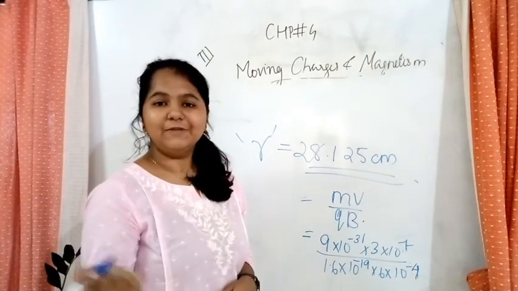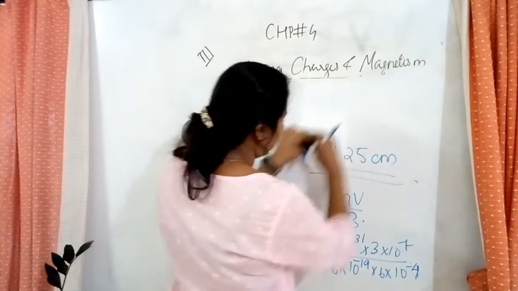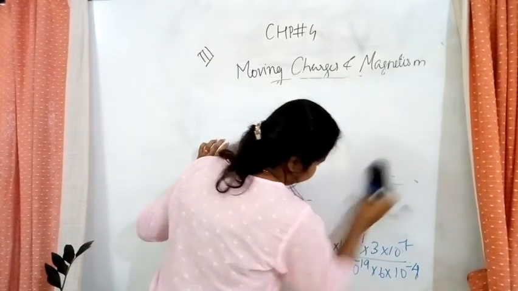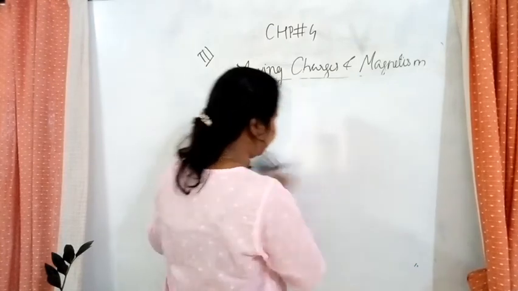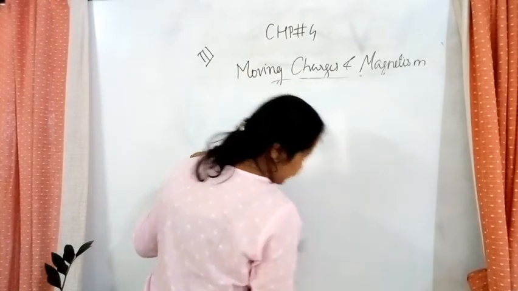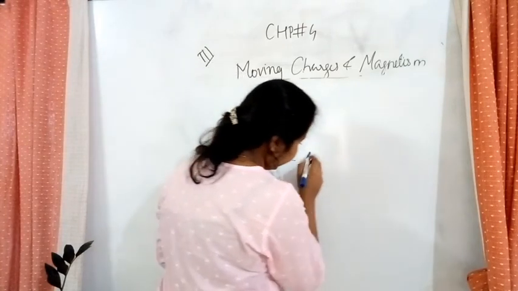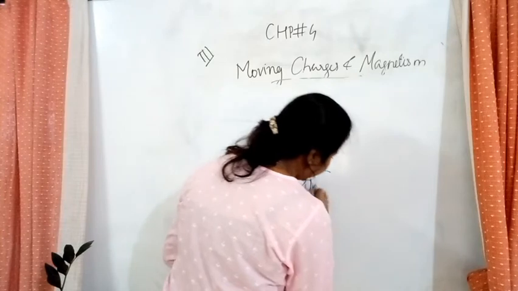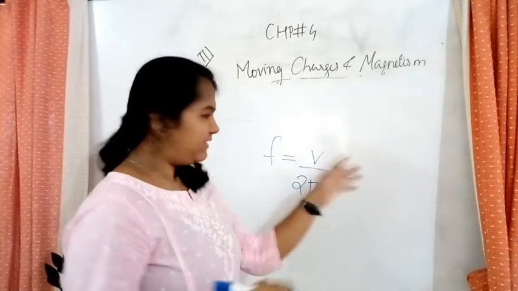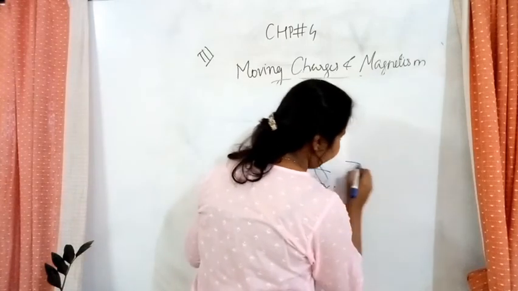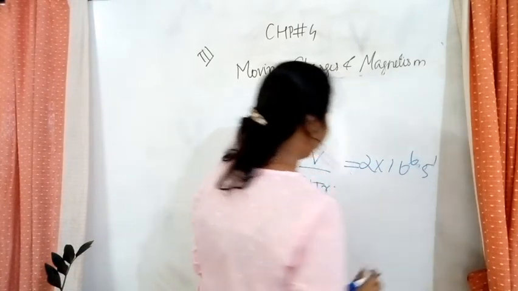So now let's do the further calculations. Next is frequency. So let's write about frequency. I hope this calculation is clear to you. It's just substitution. So frequency is equal to v divided by 2 pi r. Am I right? So the answer for this question is given as 2 into 10 raised to 6 second inverse.